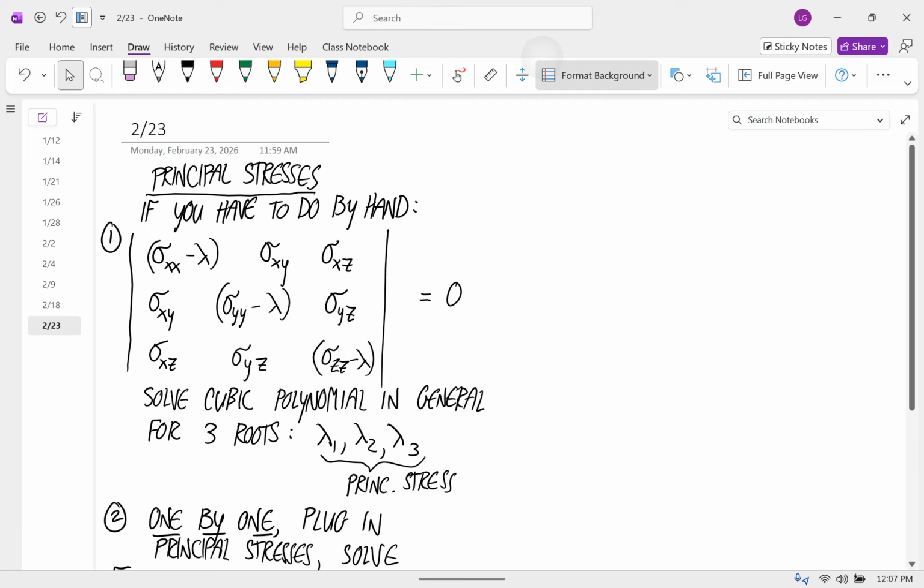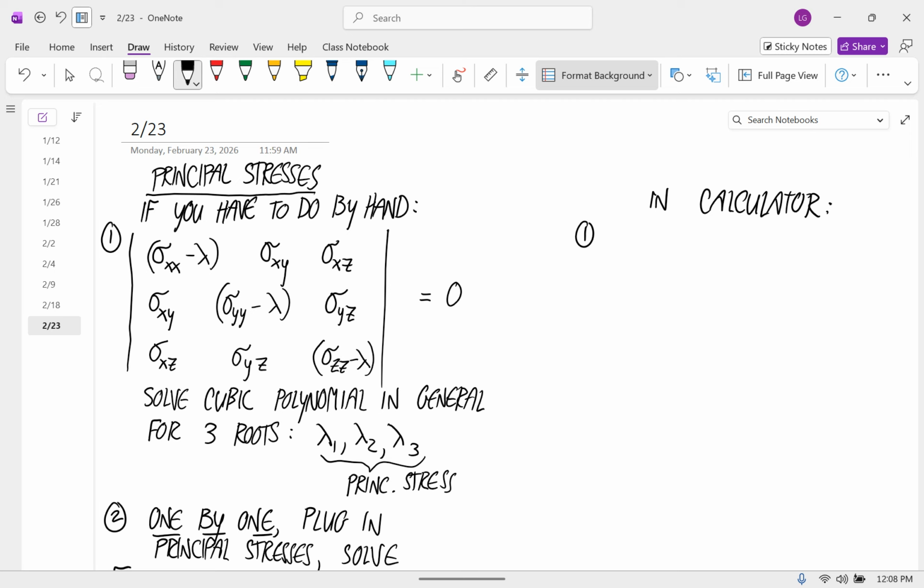So what do you have to do in your calculator? First, not all of you use this command, but whatever program you're in, just use the eigenvalues command on your stress tensor.